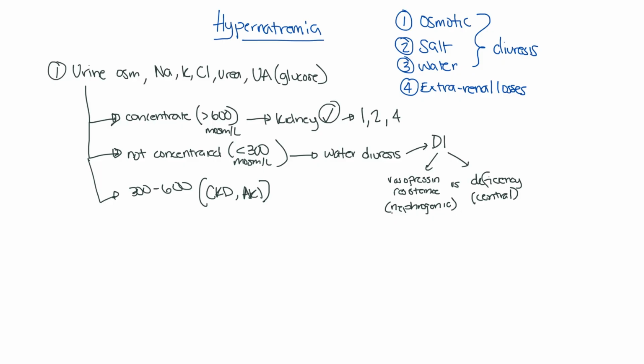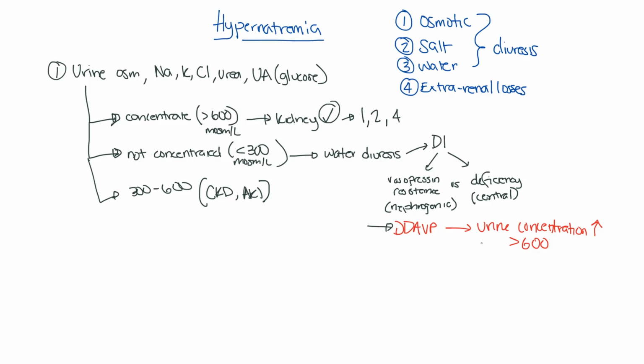Now, one way you can do it is quickly give a dose of DDAVP, and once you've given DDAVP, you can assess what the new urine concentration is. If the urine concentration goes up appropriately to greater than 600, you know this was a vasopressin deficiency, central. The body's not making enough vasopressin, but the kidneys are responsive.